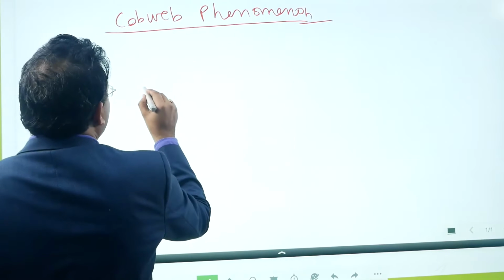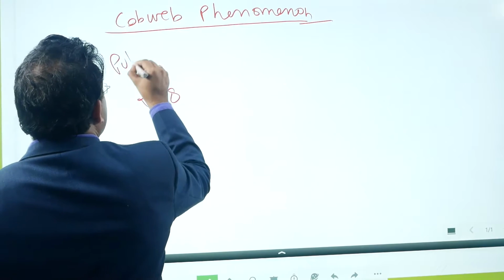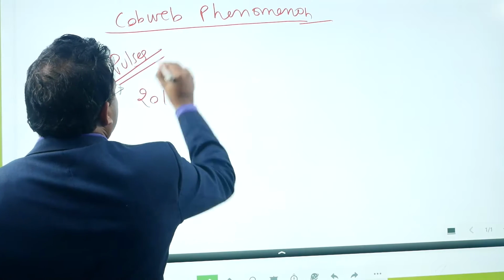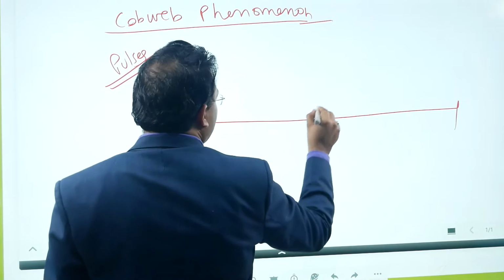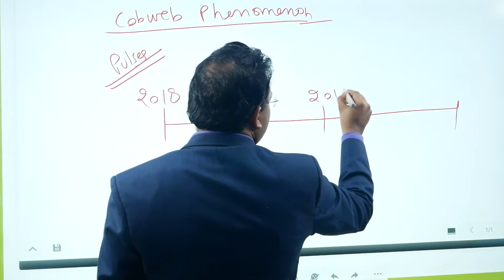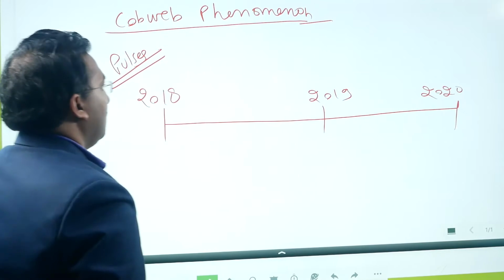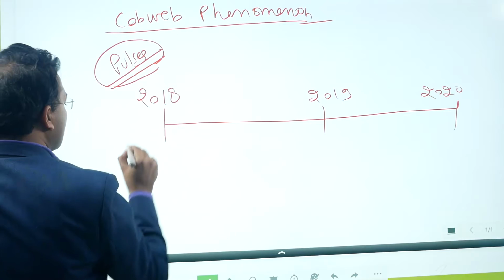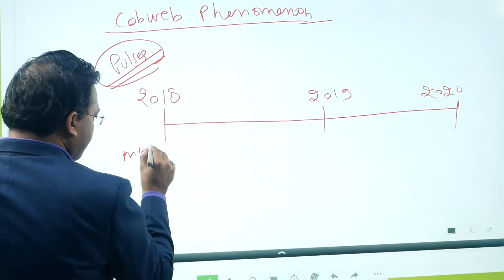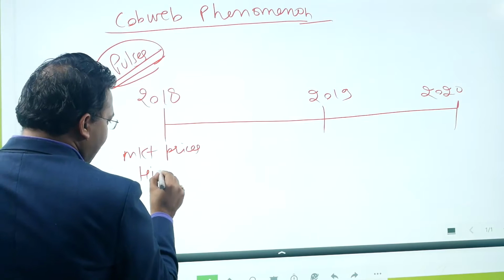Suppose, for example, we take the example of pulses. There are multiple years: 2018, 2019 and 2020. In 2020, the market price of pulses is high.